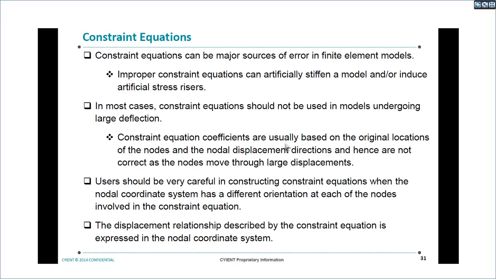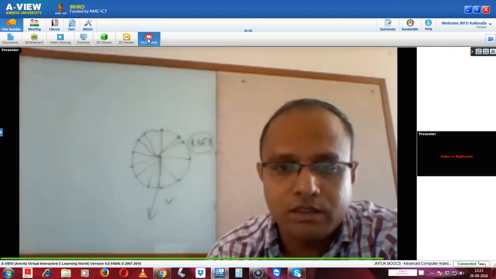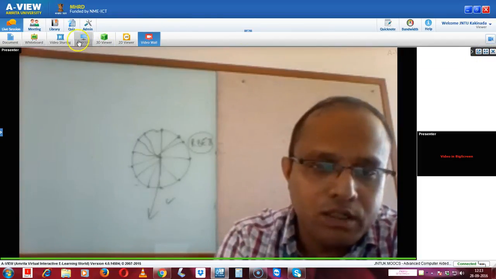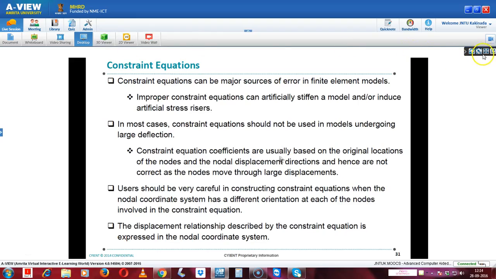Users should be very careful in constructing constraint equations when the nodal coordinate system has a different orientation at each node involved in the constraint. We should be very careful while assigning constraint equations, and clearly see which nodal coordinate system we need to write the constraint equation in. This is very important, because our results will change based on this.